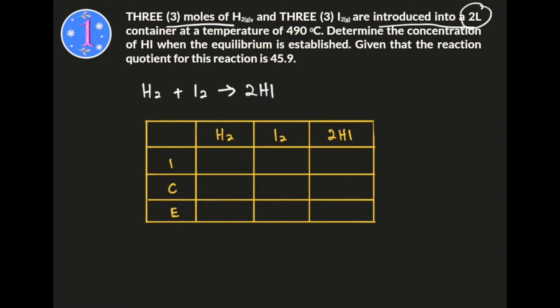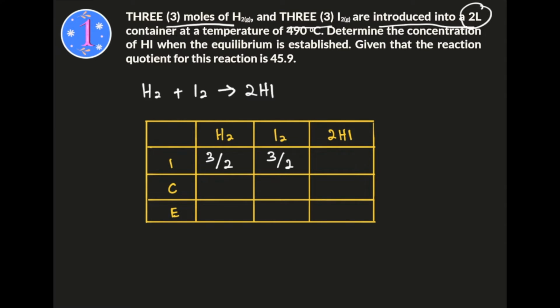Therefore, we can calculate the molarity or the concentration of the hydrogen. So, molarity is equivalent to moles over liter. So, you have 3 moles over 2 liters. Same goes with iodine. You have 3 moles of iodine and the volume is 2.